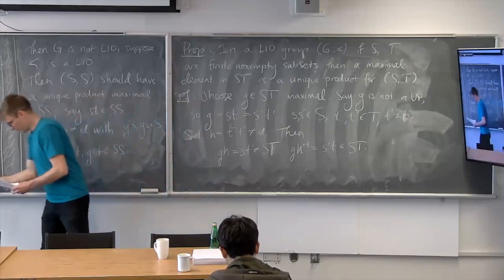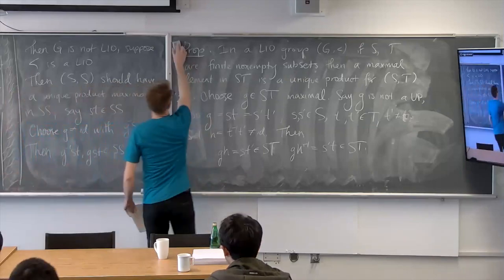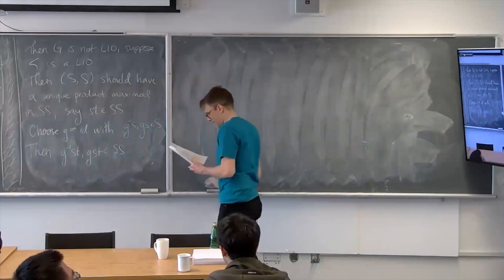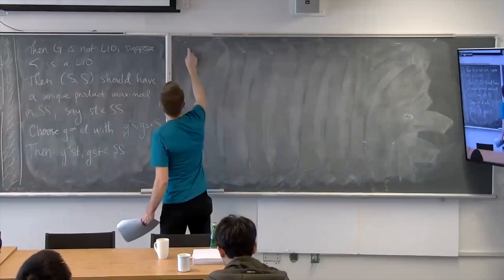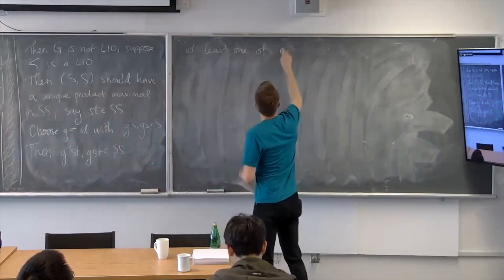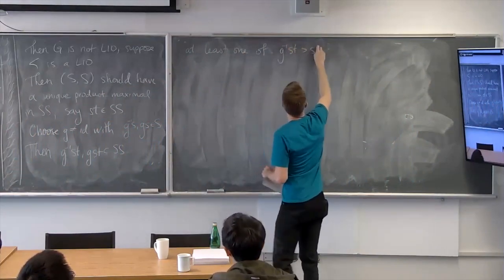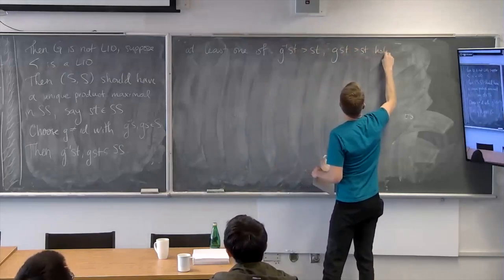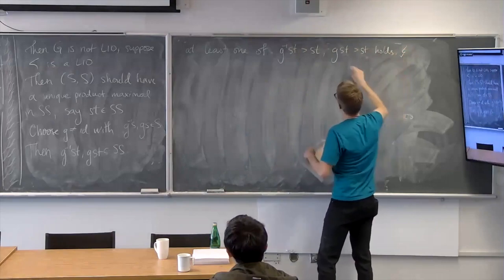But now here's the line that everybody's going to say, wait. It's okay. We'll say at least one of the inverse ST bigger than ST, GST bigger than ST holds. And then contradiction, because this is supposed to be maximal.